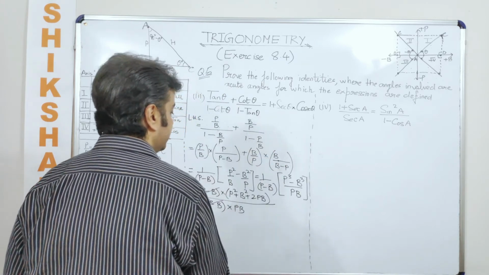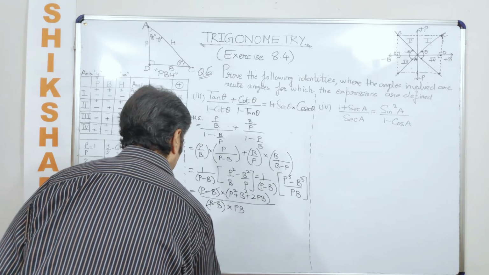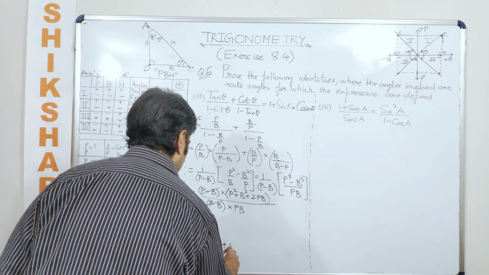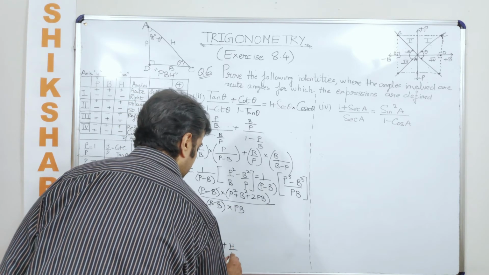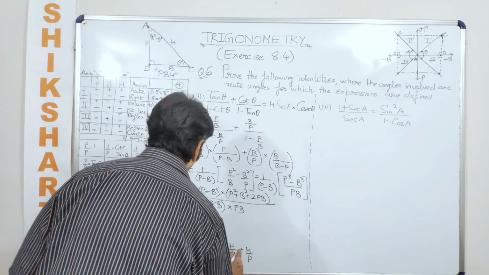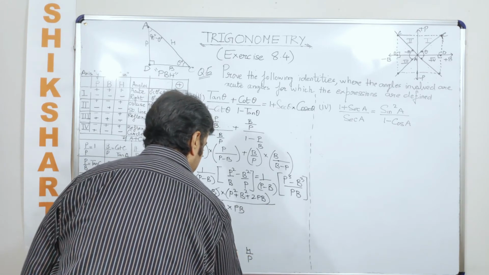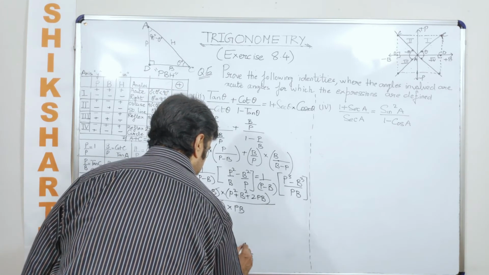So if I calculate the right hand side value first, so can I say the right hand side value can be written as 1 plus h by b plus h by p. I'm sorry, not plus, multiplied. So this is what you are supposed to prove.